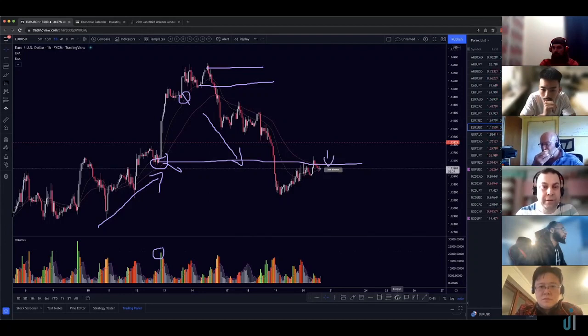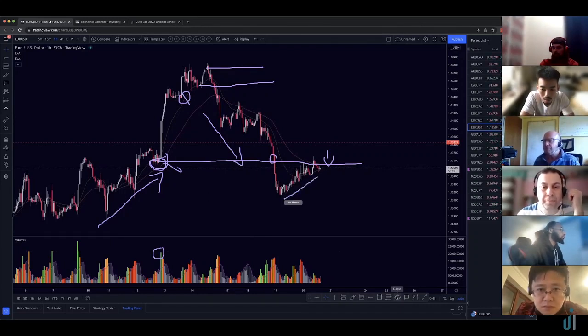The reason is that here it's a guy who started it, and here we can see some rejections. Now we should fade this pullback in order to get a sell until here at the lower low.